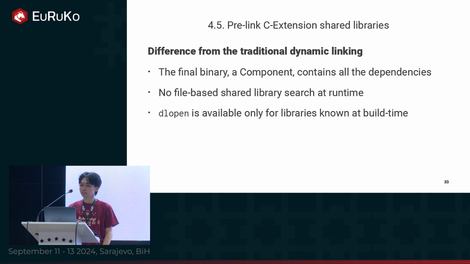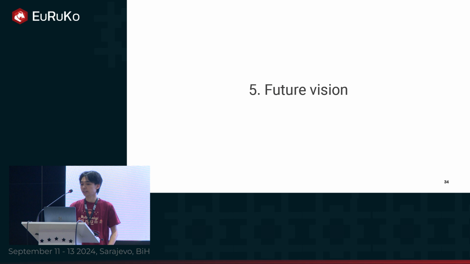The main difference from traditional dynamic linking is that the final binary is a component. The final binary is fully self-contained, and the linking is done at build time, so there is no file-based library search at runtime. Therefore, dlopen is available only for libraries known at build time, and it's not possible to inject new libraries at runtime. So that's how we implemented it for Ruby.